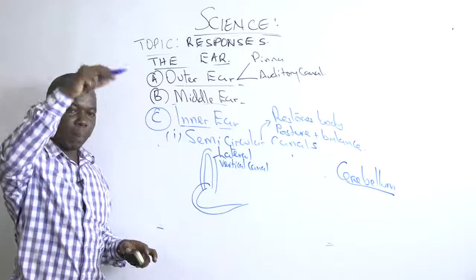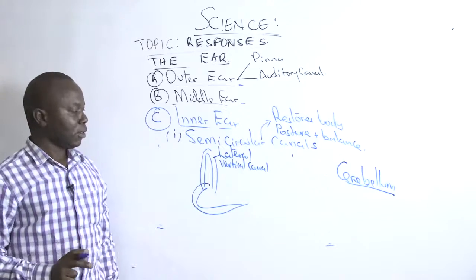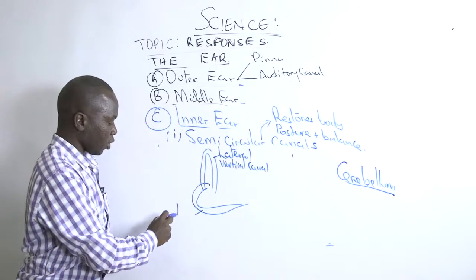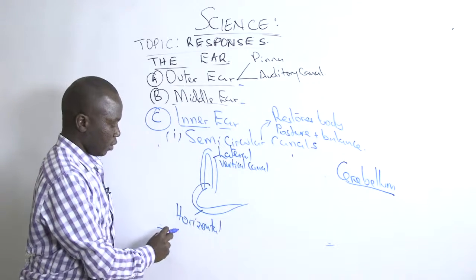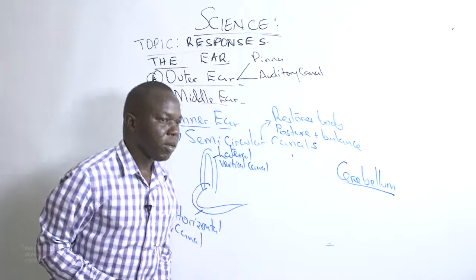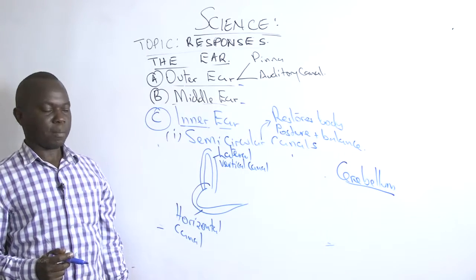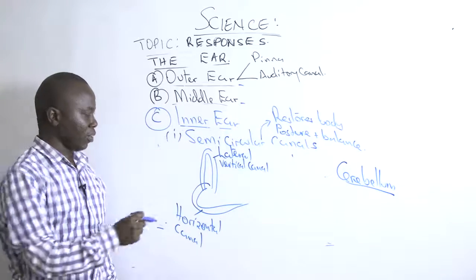As I've said, going up and down, maybe you're bending down like that, it is the horizontal canal that will be involved. But sometimes you are going forth and back and your body balance is not very okay.